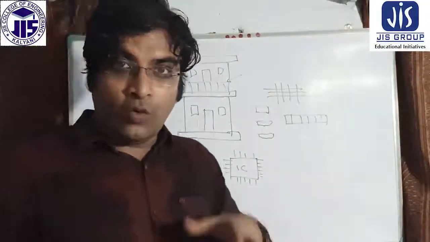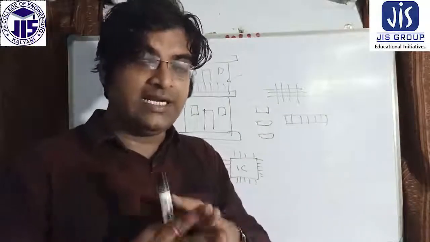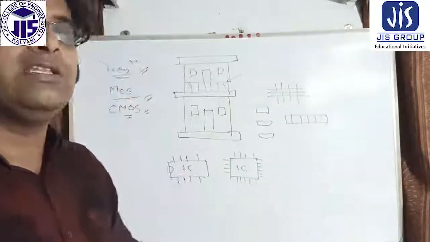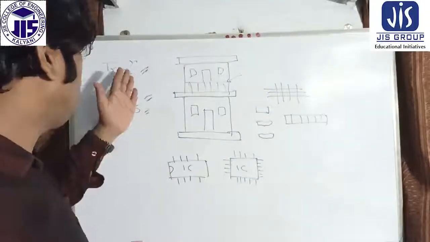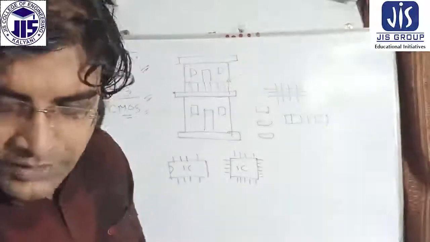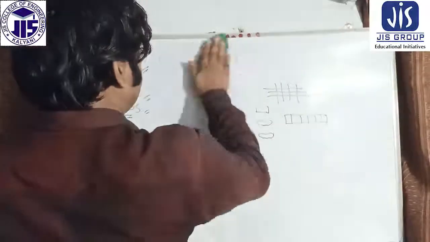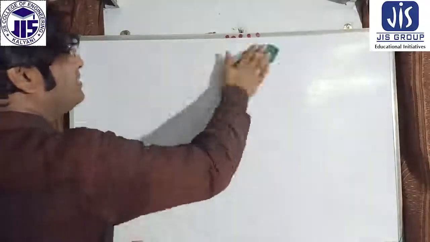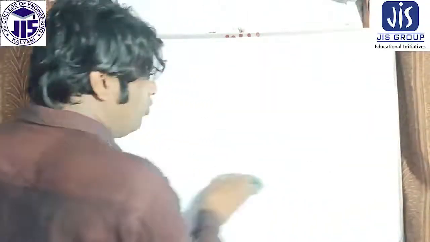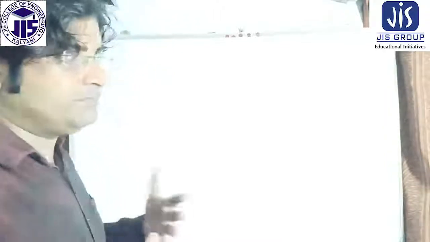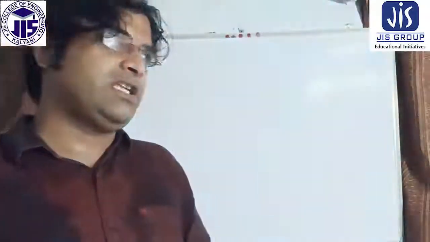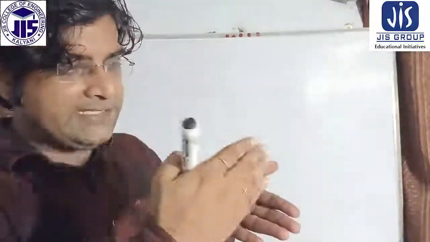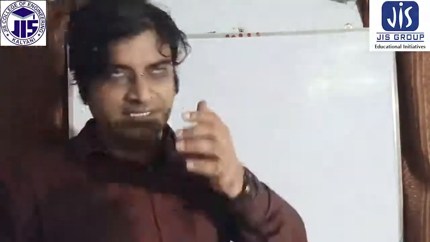Inside the op-amp, what things are there? That is basically the transistor and the MOS and CMOS. Now go to the next step: how the operational amplifier works step by step inside.